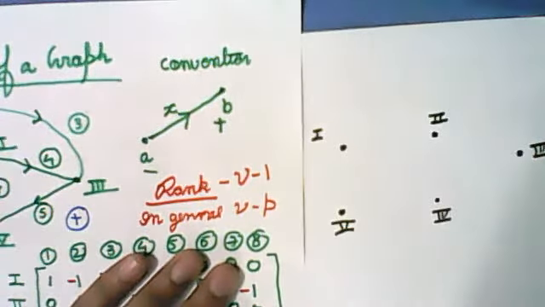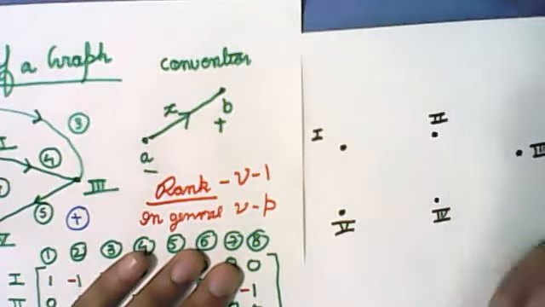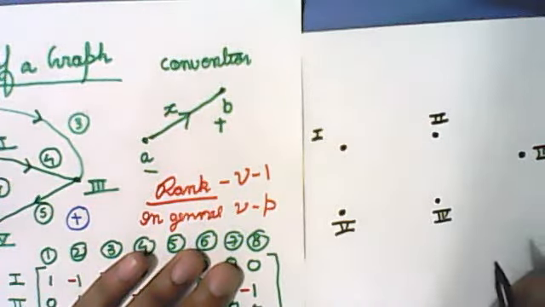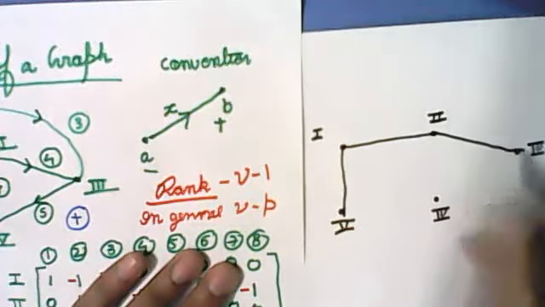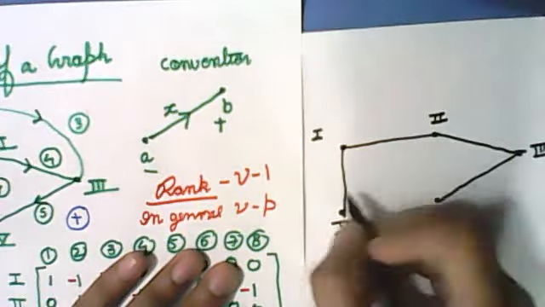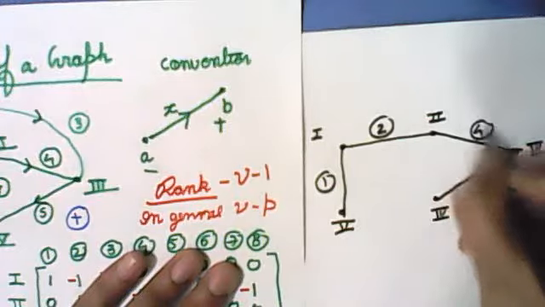Okay, then it should be connected. Connected means there should be at least one path between any pair of vertices. So let me just take another simple example. So this is 1, this is second, this is 4, and this is 5th.